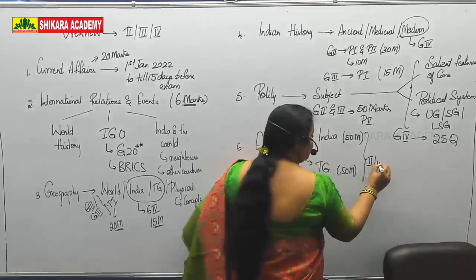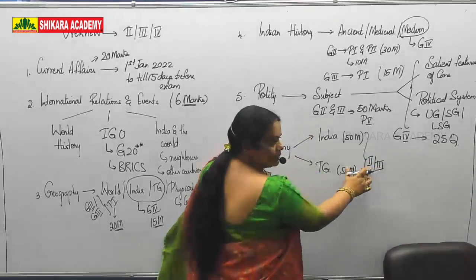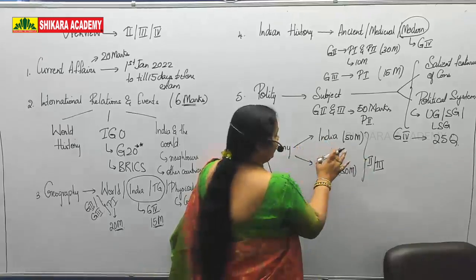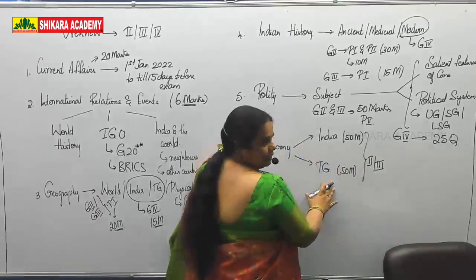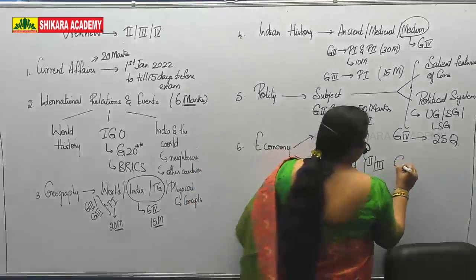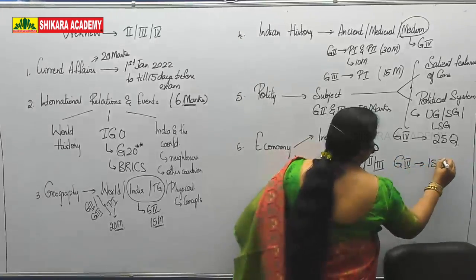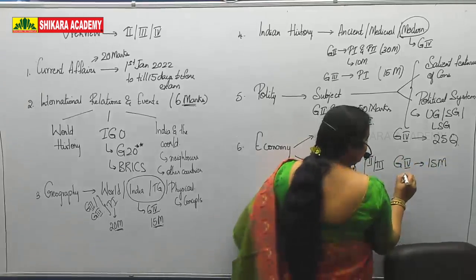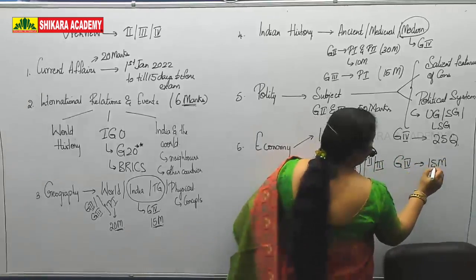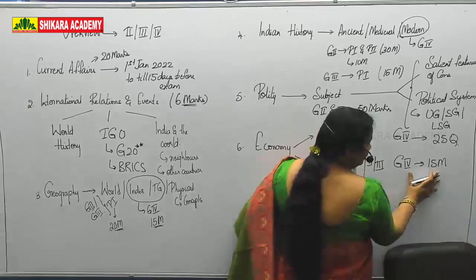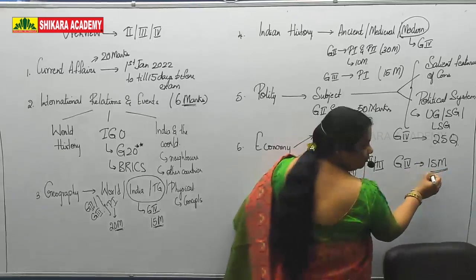And we all know that there has been a substantial change in the syllabus with respect to economy in both India and Telangana. For Group 4, this area will have roughly around 15 marks. They have mentioned both India and Telangana economy, but this is clubbed along with geography, so it won't be more than 15 marks.